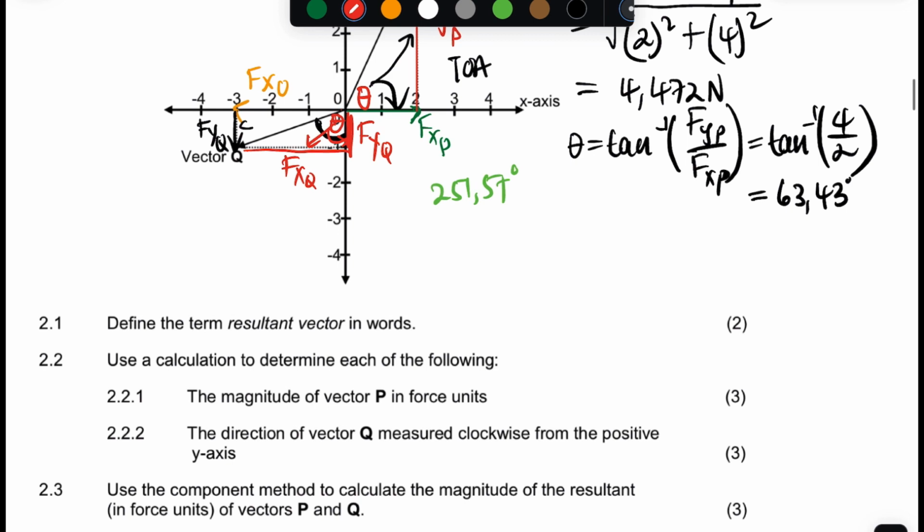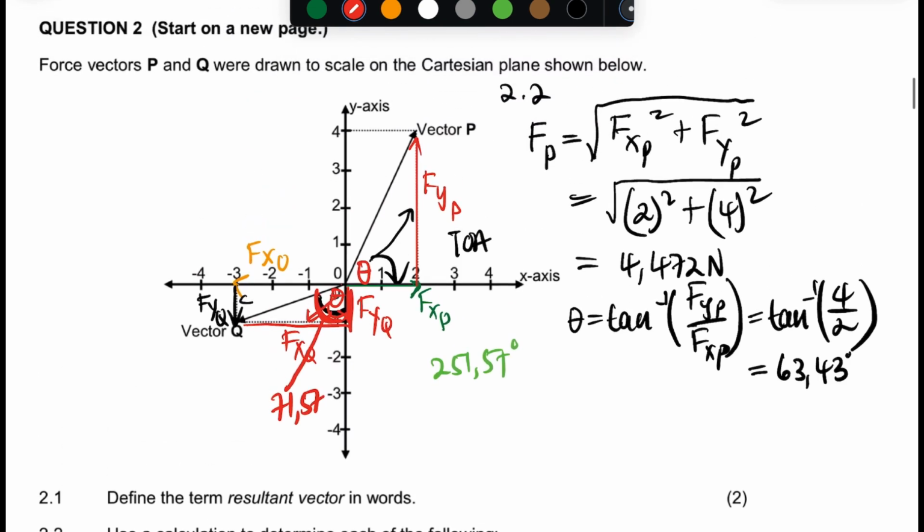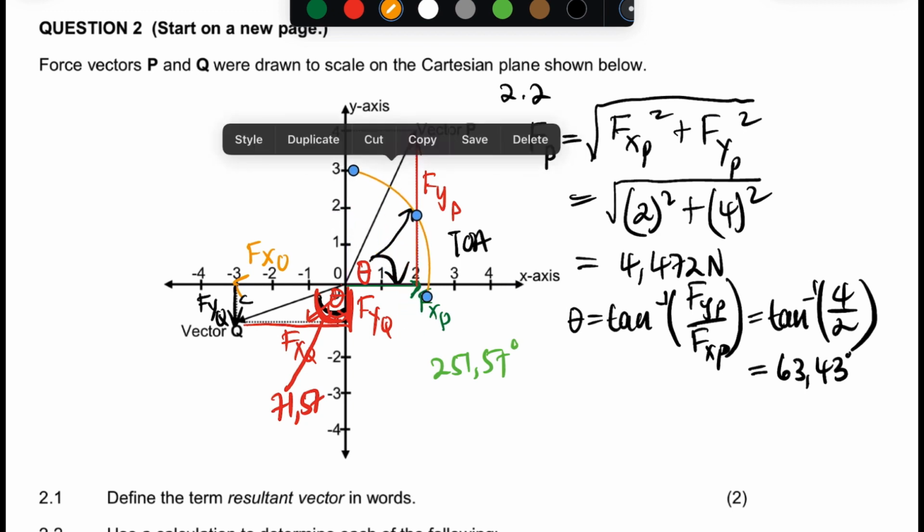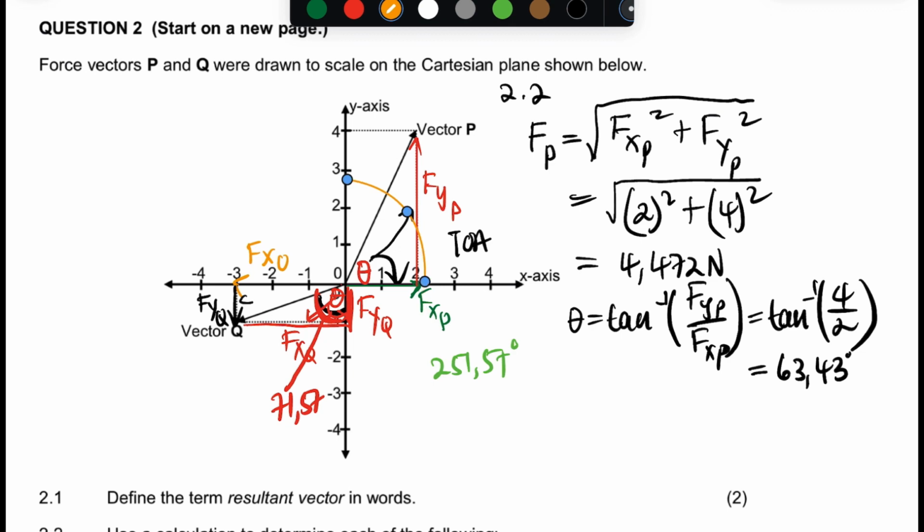So that means this angle here is 71.57. But now you have to add the 71.57 to 180, what am I doing? It's going to be 180 plus this.